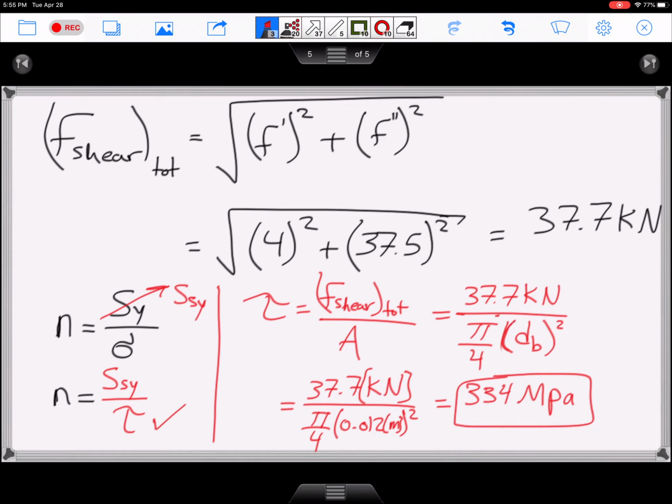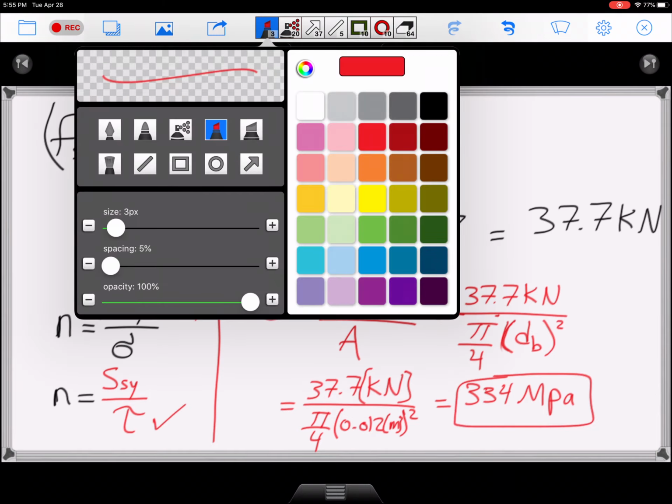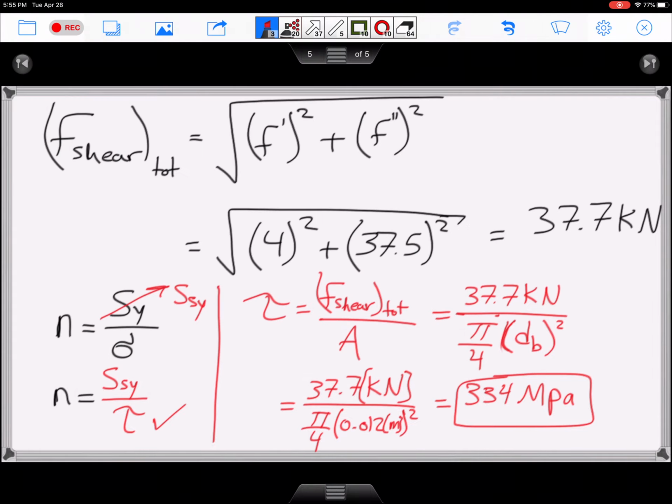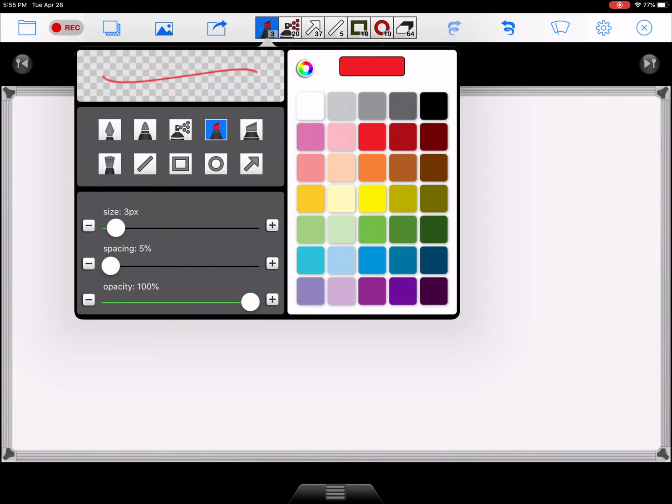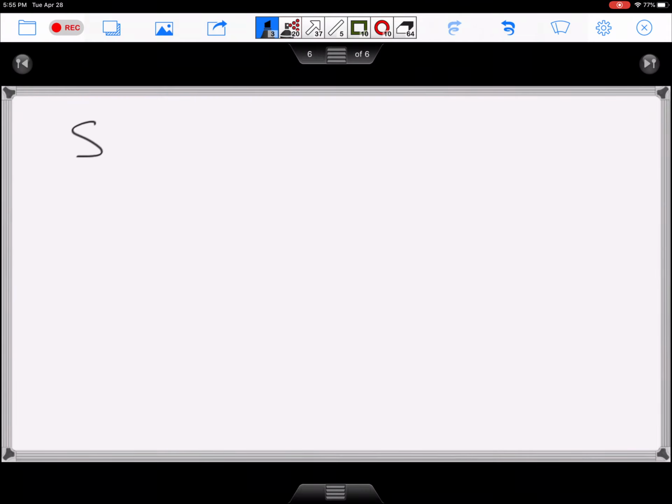So we found this one. Let's find Ssy. If you remember from the previous chapter, Ssy is equal to 0.577 Sy. So it's not quite half of Sy, but it's close. So 0.577 times the yield strength of the material.